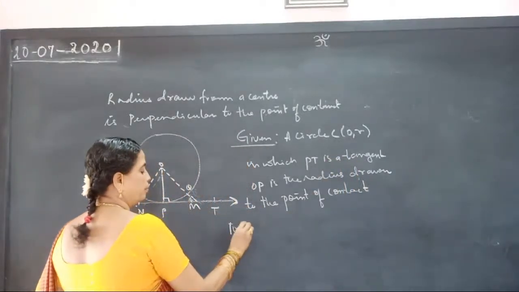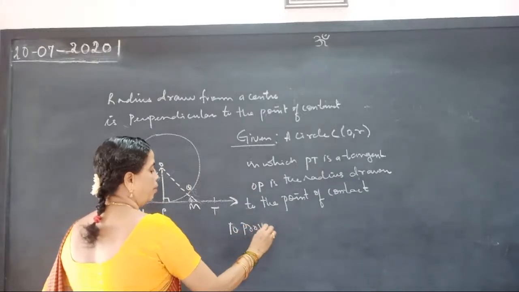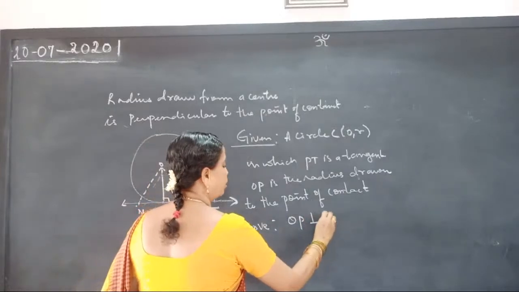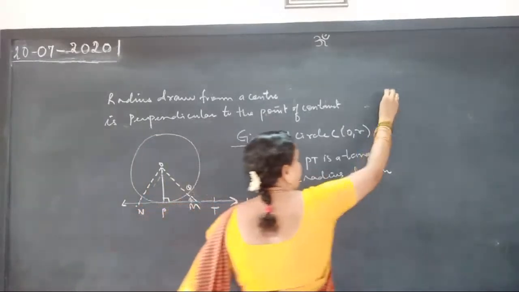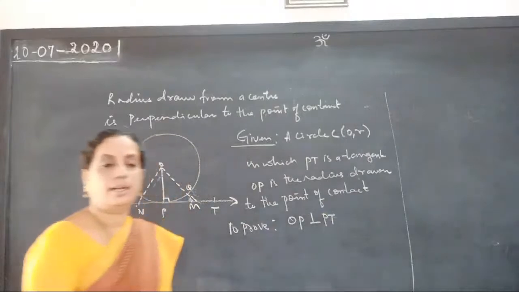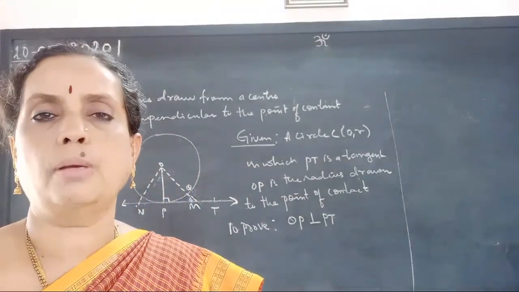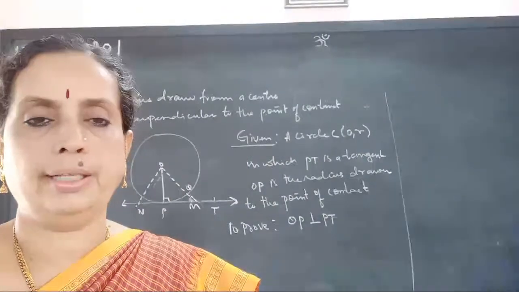To prove: what we have to prove? OP is perpendicular to PT. The radius drawn from the center is perpendicular to the point of contact.